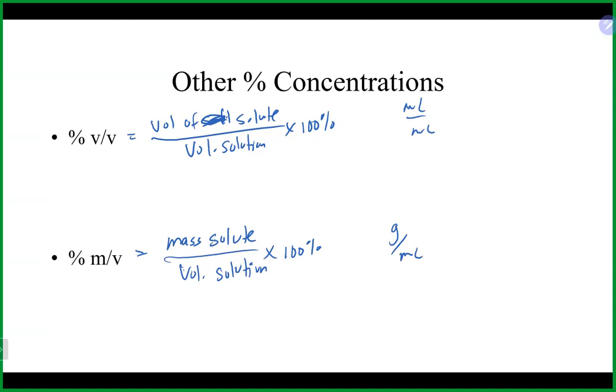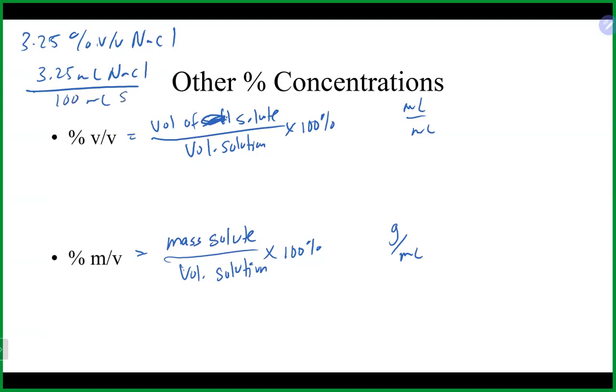So just like the other one, if you had a 3.25% by volume sodium chloride solution, that would mean you have 3.25 milliliters of sodium chloride in 100 milliliters of solution. Or again, you could flip it the other way if you needed to use it in this form. In 100 milliliters of solution, you would have 3.25 milliliters of sodium chloride.